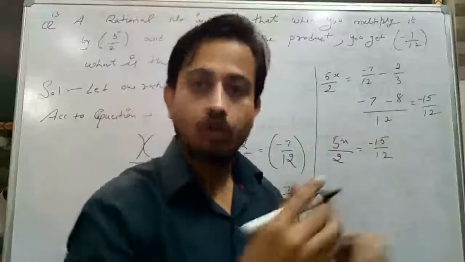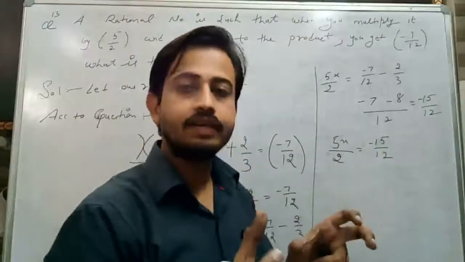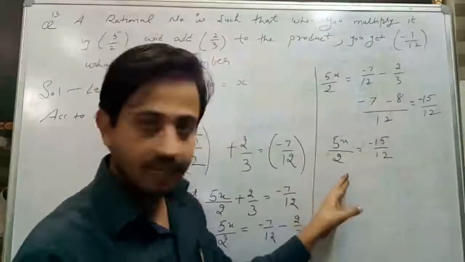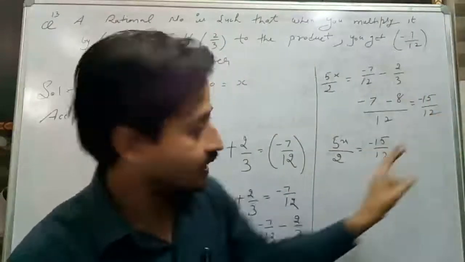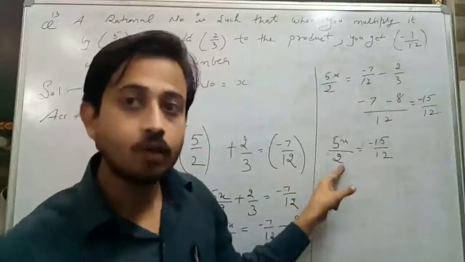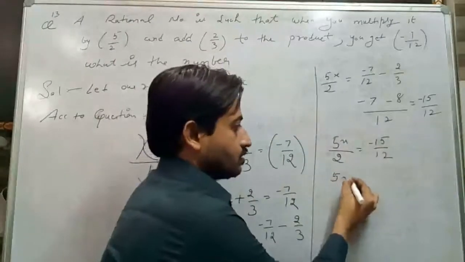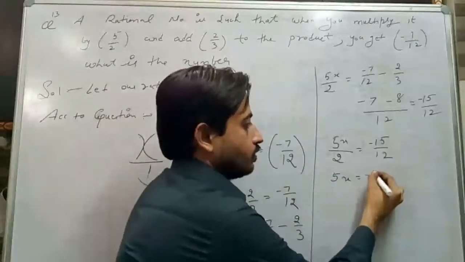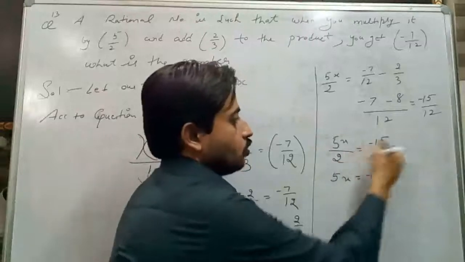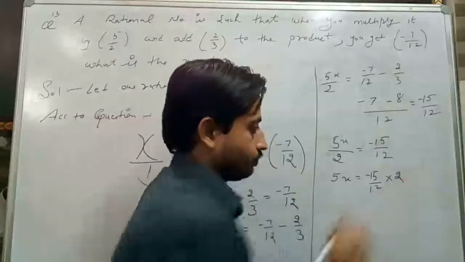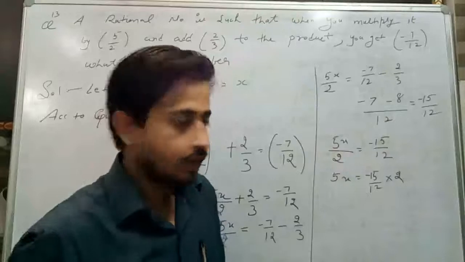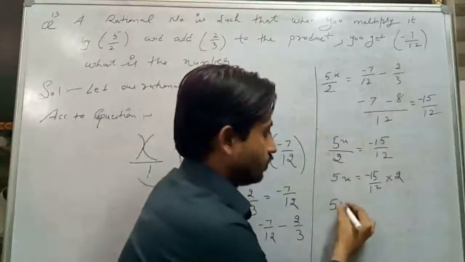Now we have to cross multiply and separate x. Firstly we take 2 to the right hand side, and this term is in the numerator, so it will go to the denominator. So 5x is equal to minus 15 divided by 12, and this 2 goes to the denominator. Now please solve this.